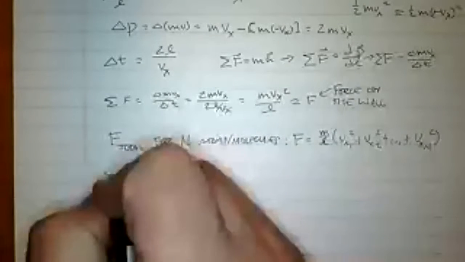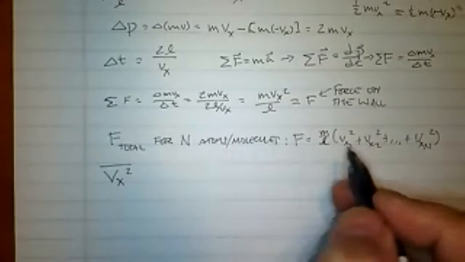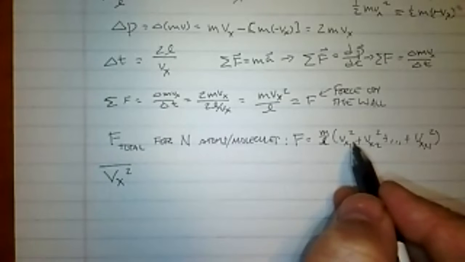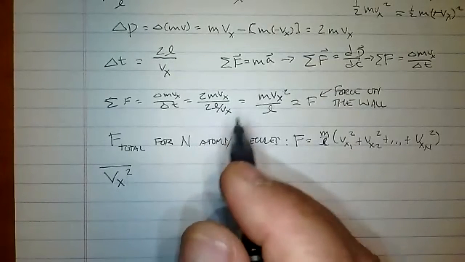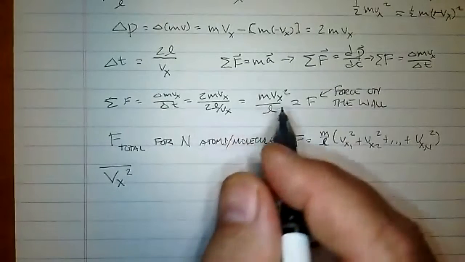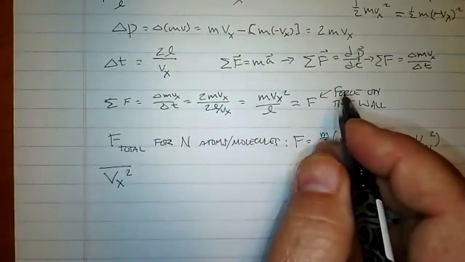So I'm going to say the average velocity squared. In other words, the average of all these little values, which looks like a bigger V here, should really just be the sum of all these divided by the number of all of them.